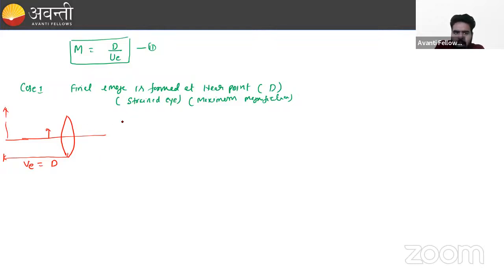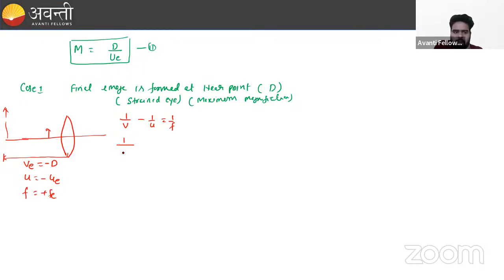If we apply the lens formula for the eye lens, we can write 1 by V minus 1 by U equal to 1 by F. If we put the values with sign, V equal to minus D, U equal to minus UE, and we know that the focal length of a converging or convex lens is positive, that is F equal to plus FE.